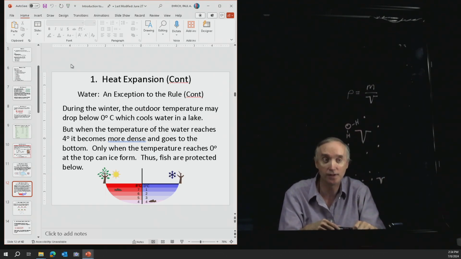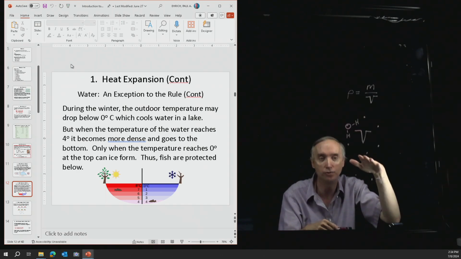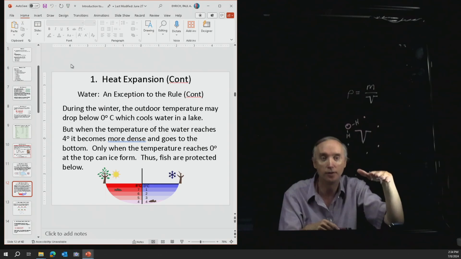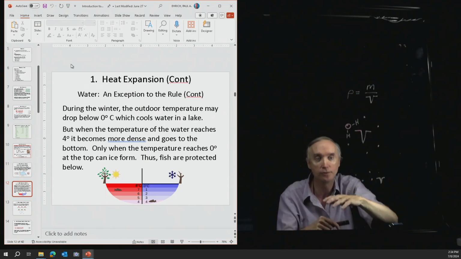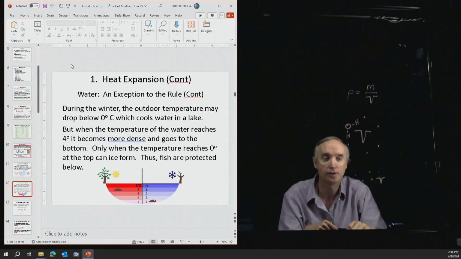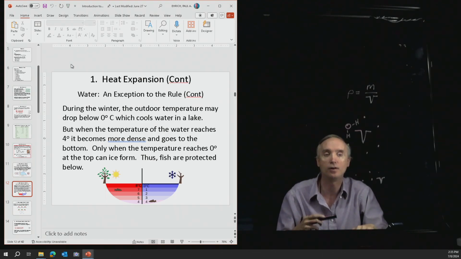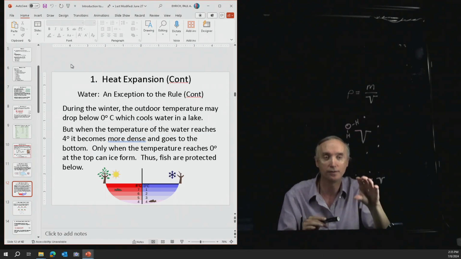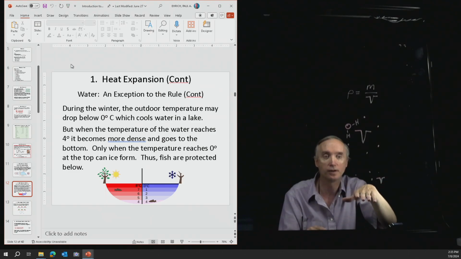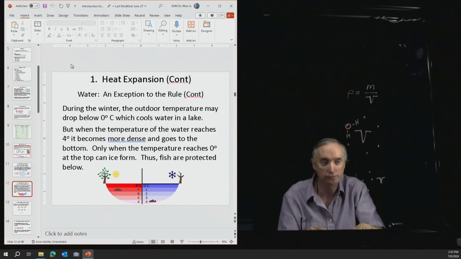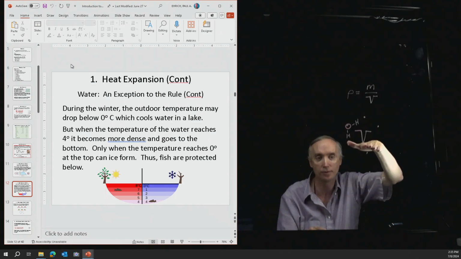So that means now that the water at the top of the lake has to be cooled down again, but once it reaches 4 degrees, once again it's going to drop to the bottom of the lake. So that means that the only way to get that lake to freeze is if the temperature from the bottom of the lake all the way up to the top of the lake is at 4 degrees.